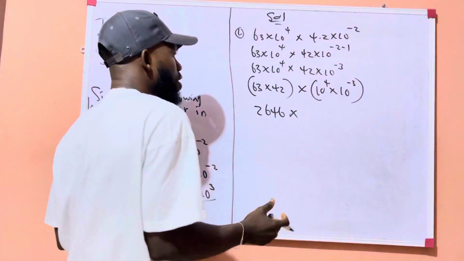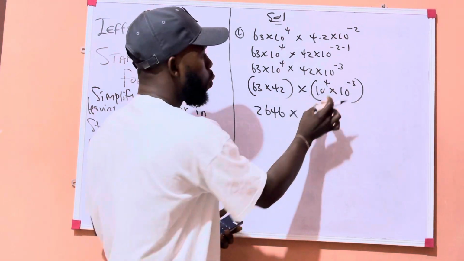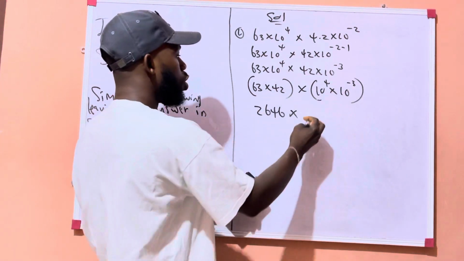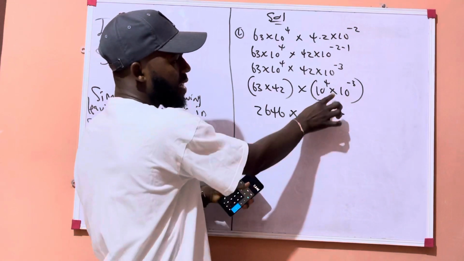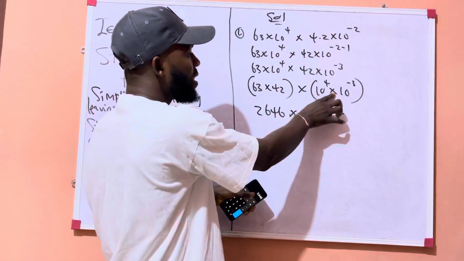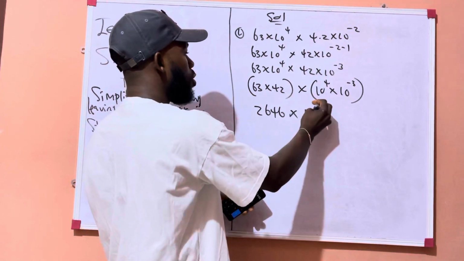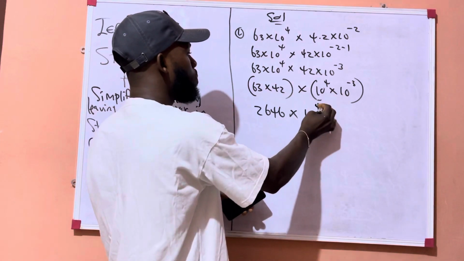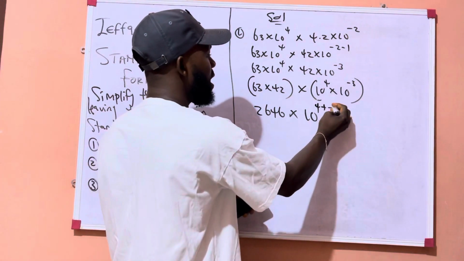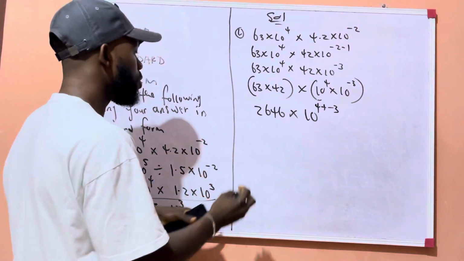Now in laws of indices, we said that when the bases are the same, you pick one of the bases. Now when you are multiplying, times becomes addition. When you are dividing, division becomes subtraction. So what do I have here? Here becomes 4. Now times becomes plus. Now what do I have here? Negative 3. Okay, now without wasting time, I continue like this.